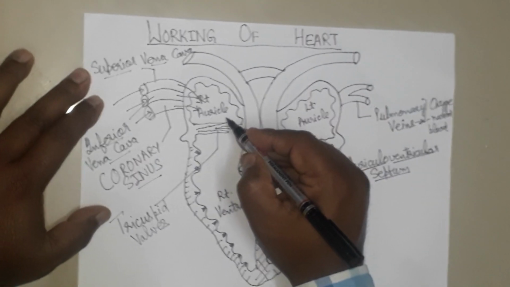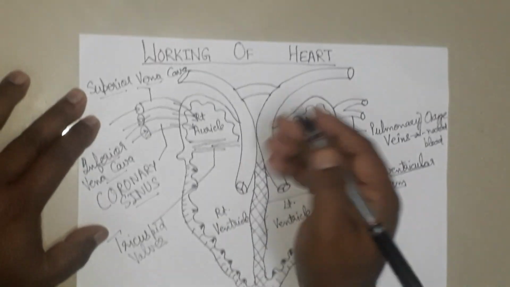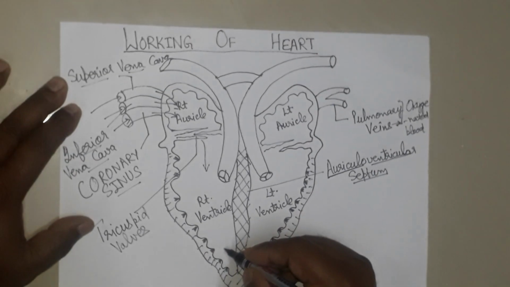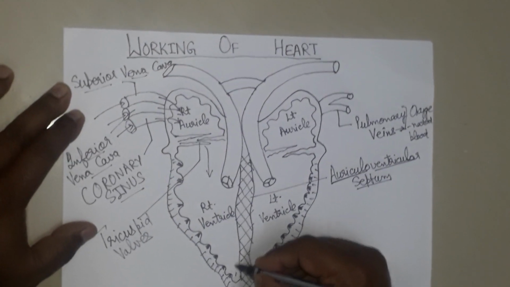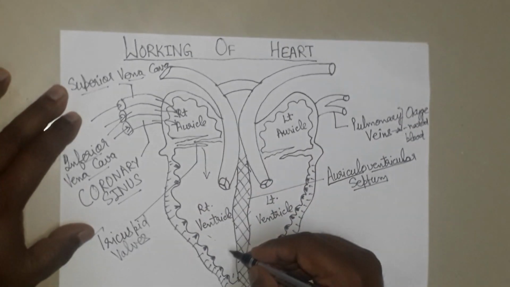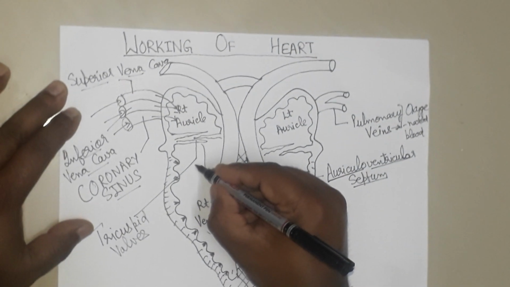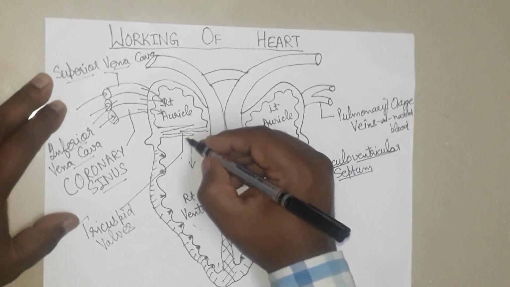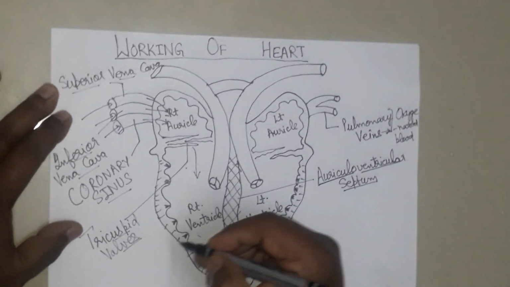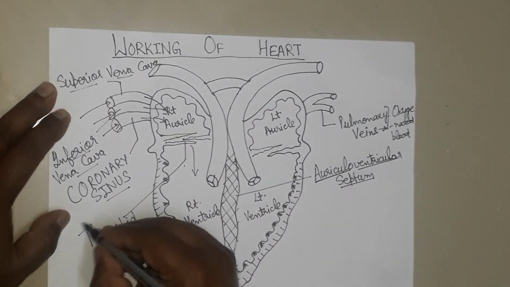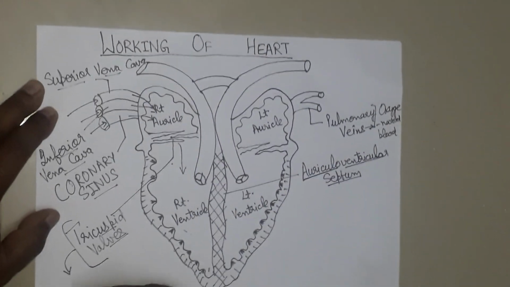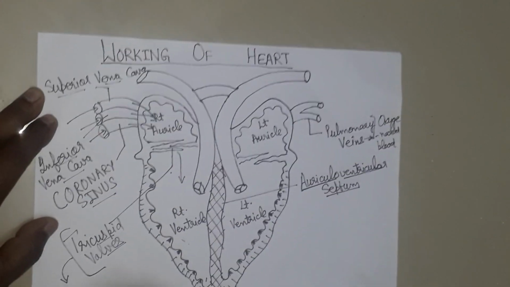That pressure will open these valves downwards, and the blood will enter the right ventricle, filling this chamber. When it reaches here, again with the help of pressure, the tricuspid valves close, and due to their closure the first sound of the heart is produced, that is lub.